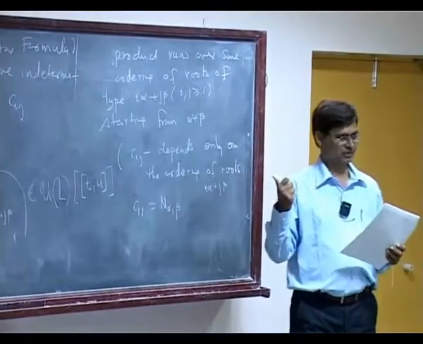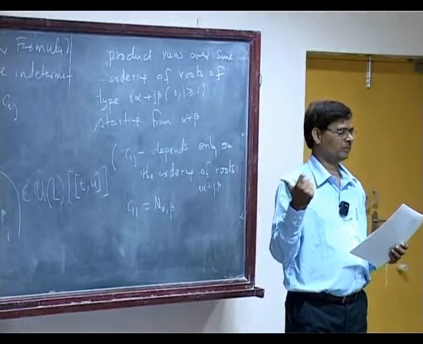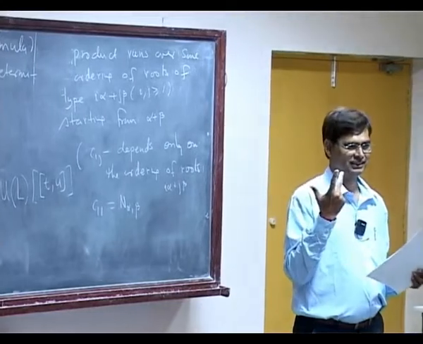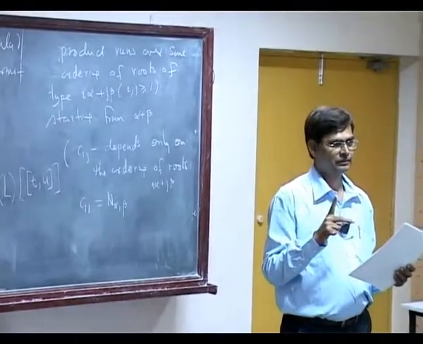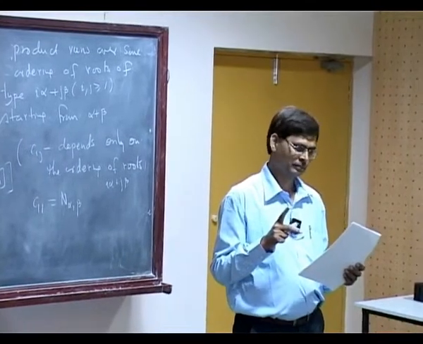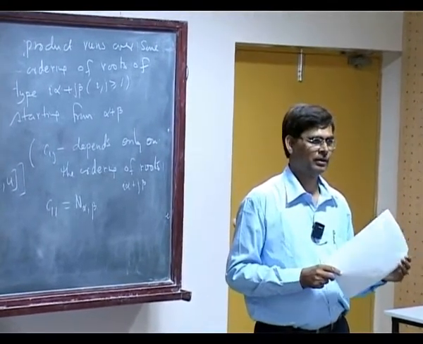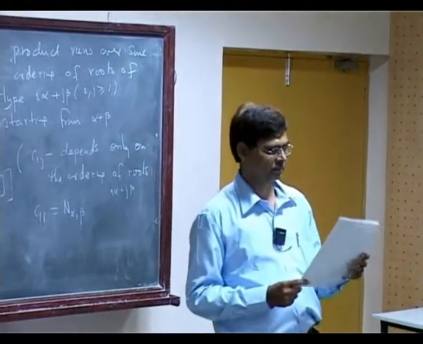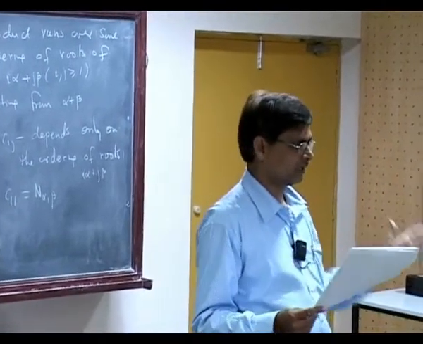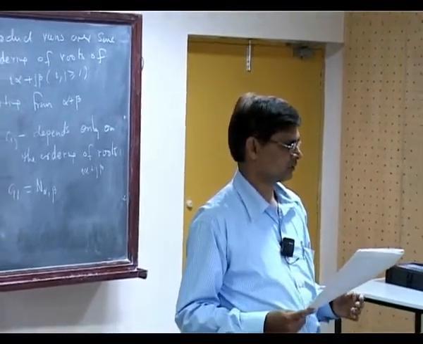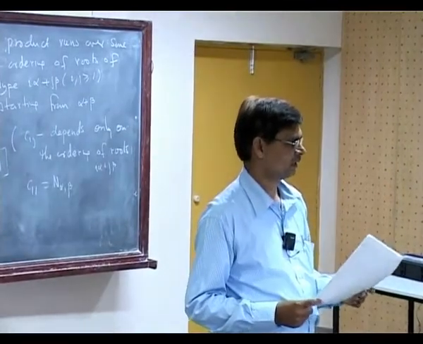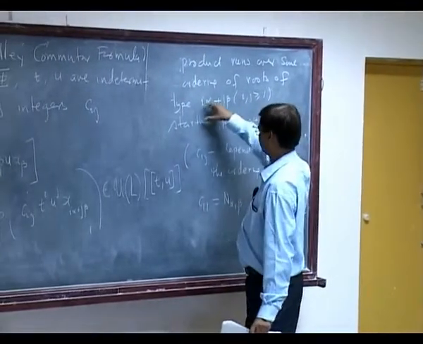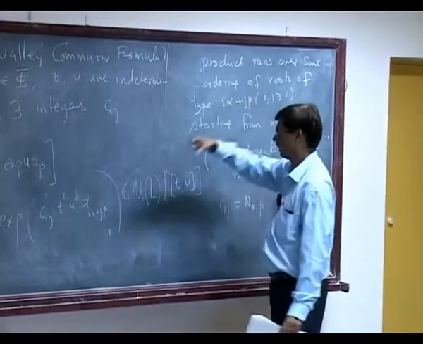Ordering is yours. But the first element is alpha plus beta. If you change the order, then this Cij will get changed. But only for G2 there will be a problem. Otherwise, for B2 there is a natural order: alpha plus beta, alpha plus 2 beta. Every root system has a natural order because the positive roots can be ordered in terms of height. Anyway, you take all the roots of the kind i alpha plus j beta, start with alpha plus beta and give some order.